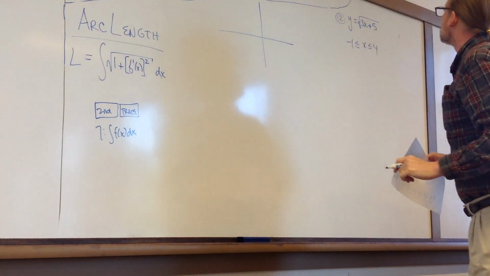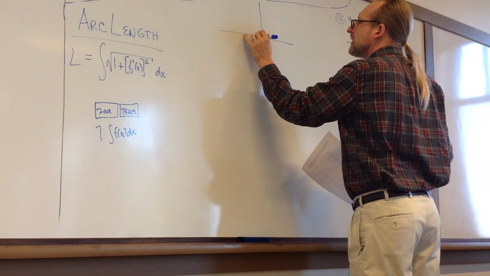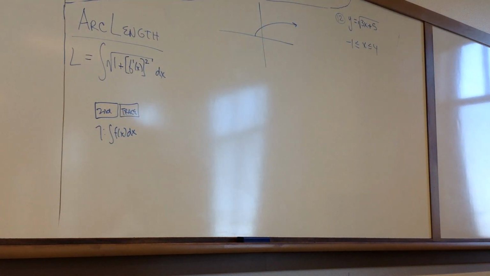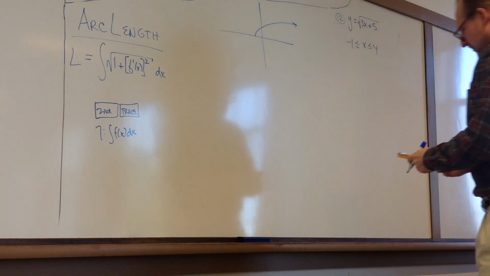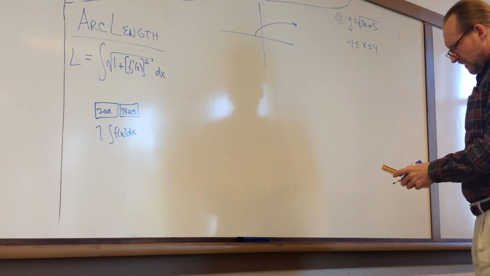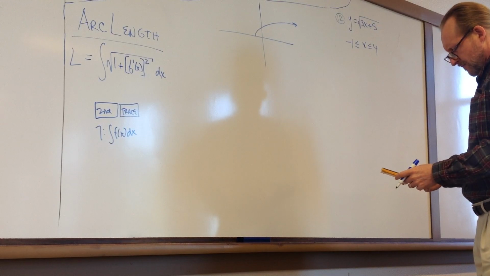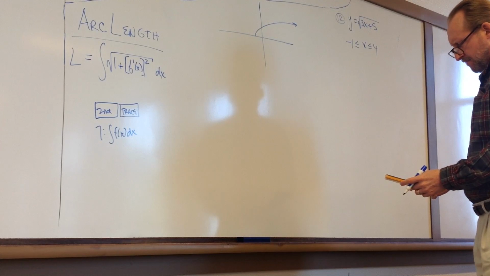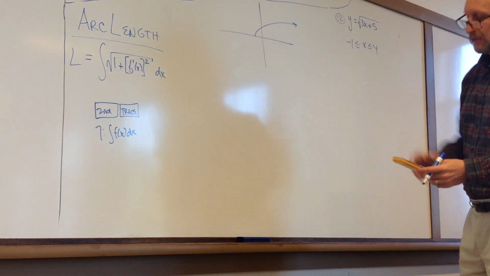So let's see here. I think I'll sketch a graph. It'll look something like this. Let me look at it on the graphing calc just to make sure that I did that correctly. 3x plus 5. Yeah, basically something like this.